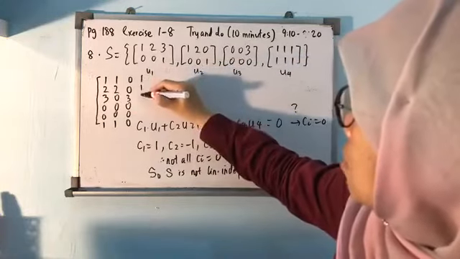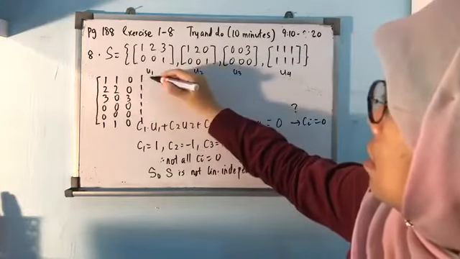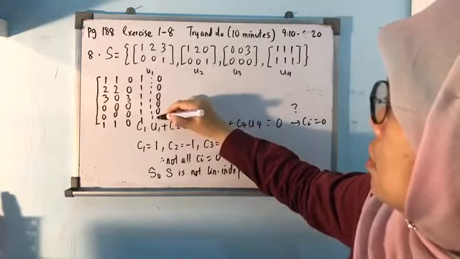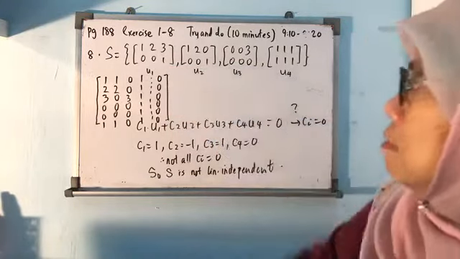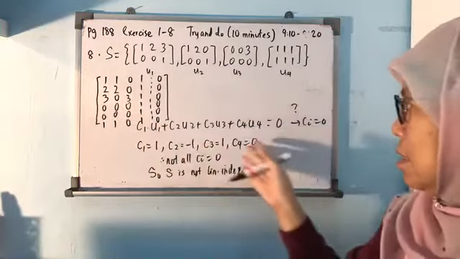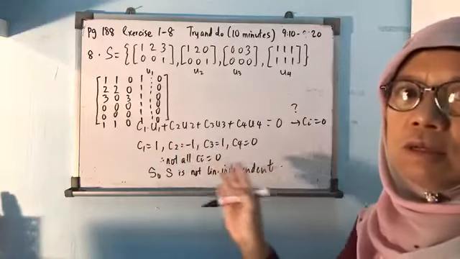1, 1, 1, 1, 1, 1. 0, 0, 0, 0, 0, 0. Panjang kan? But you can save all this by the shortcut.